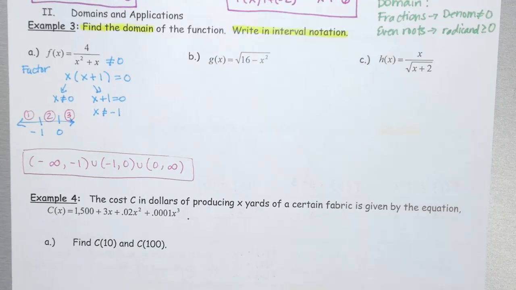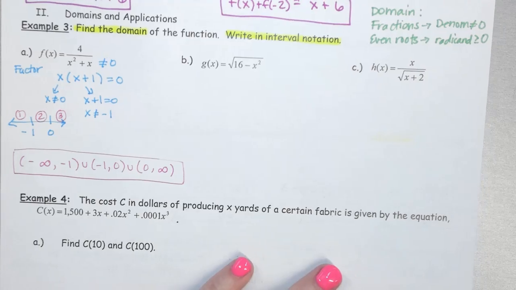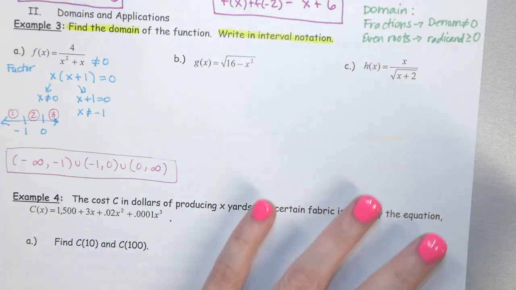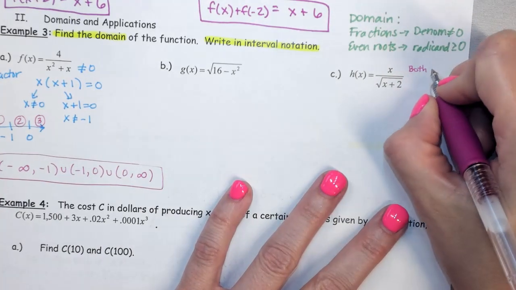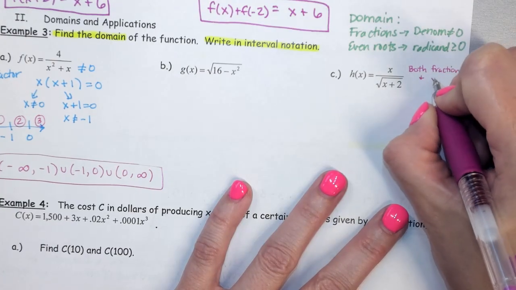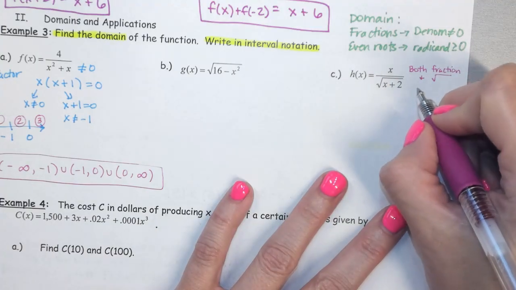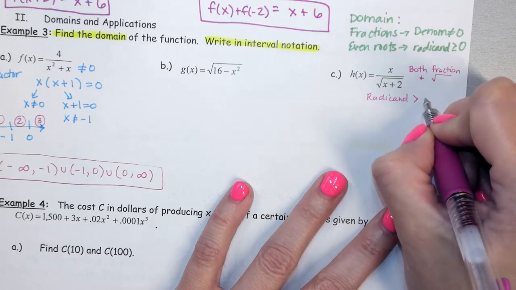Okay, the other one I said that you could do without me is C. C actually has two things going on. It has both the fraction and the radicand, both fraction and square root. So in that case, you're going to have to take the radicand and just set it greater than 0.